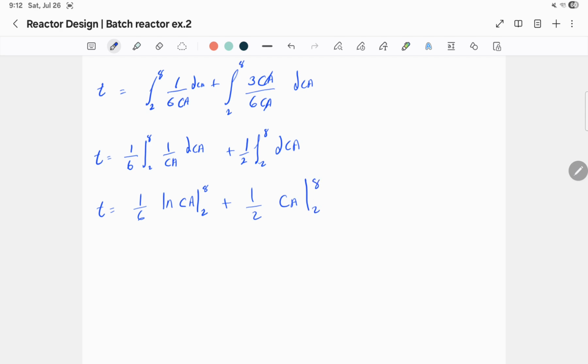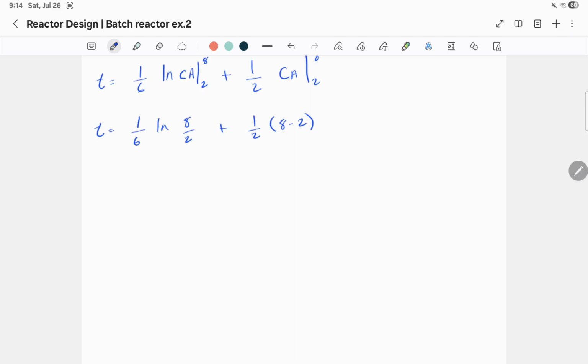Which will look something like this when we simplify it further: 1 over 6 ln of 8 over 2, plus half times 8 minus 2, which will give us a final answer of T equals 3.23 hours.